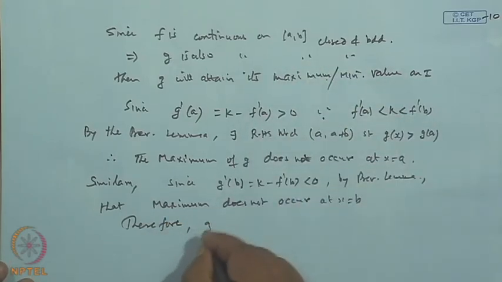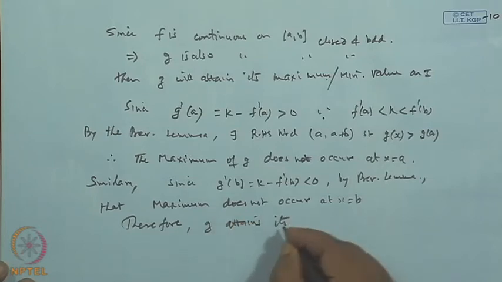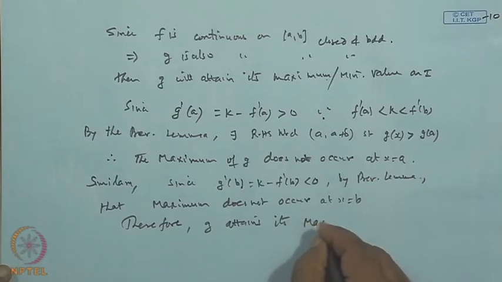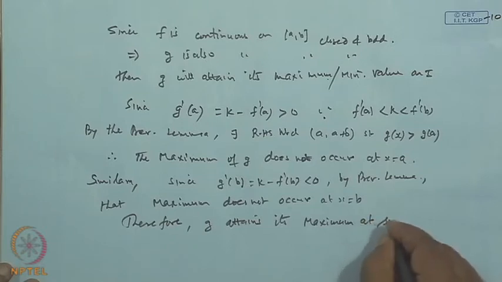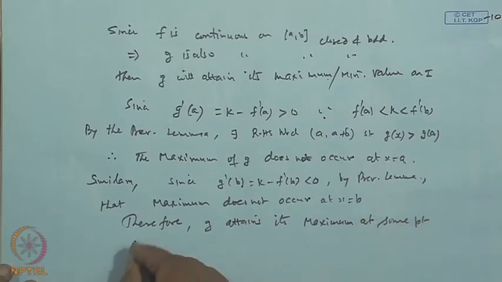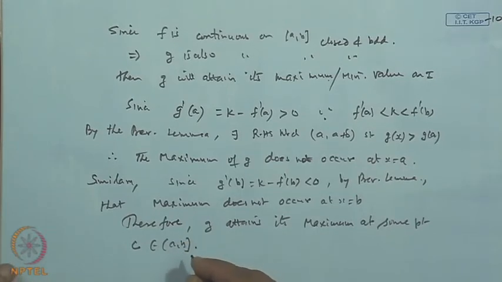Therefore, g attains its maximum value at some point c which lies in the interval (a, b). Now, the function g has a derivative and the maximum is attained at some point.